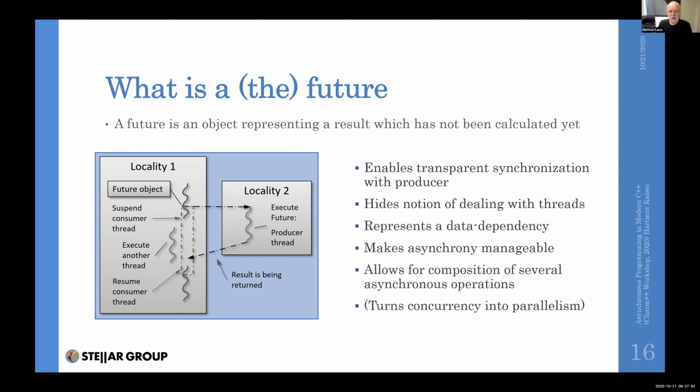Equally important is that in this context, the future represents a data dependency, because the code that depends on the result will run only after the future has been made ready. If you look at Intel's parallelization efforts, or the efforts to create parallelizing compilers, you will see that Intel is promising us that for 50 years now, and they don't really get everything under control that easily.